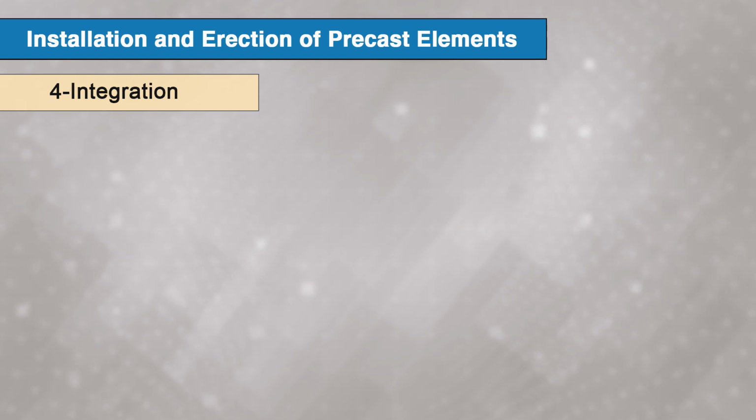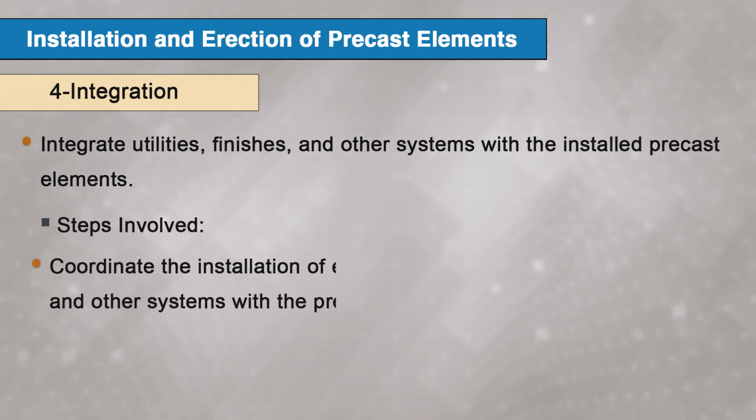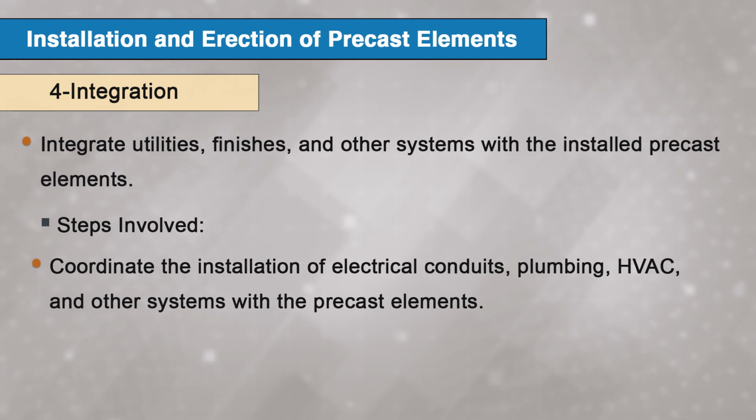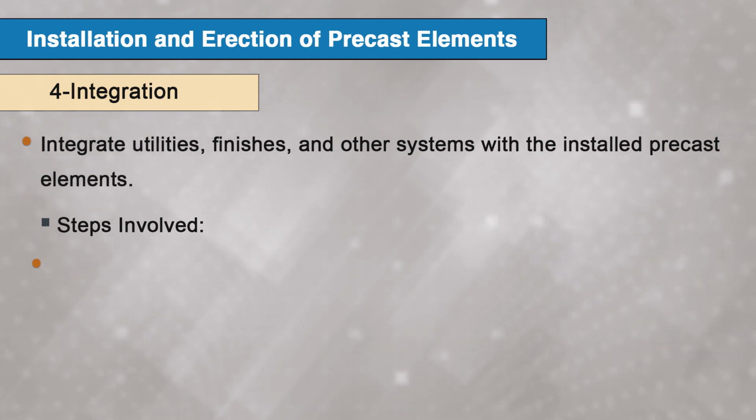The next point is integration. The objective is to integrate utilities, finishes and other systems with installed precast elements. The steps involved are to coordinate the installation of electrical conduits, plumbing, HVAC and other systems with the precast elements, and then apply finishes such as sealing joints, painting or cladding as required.